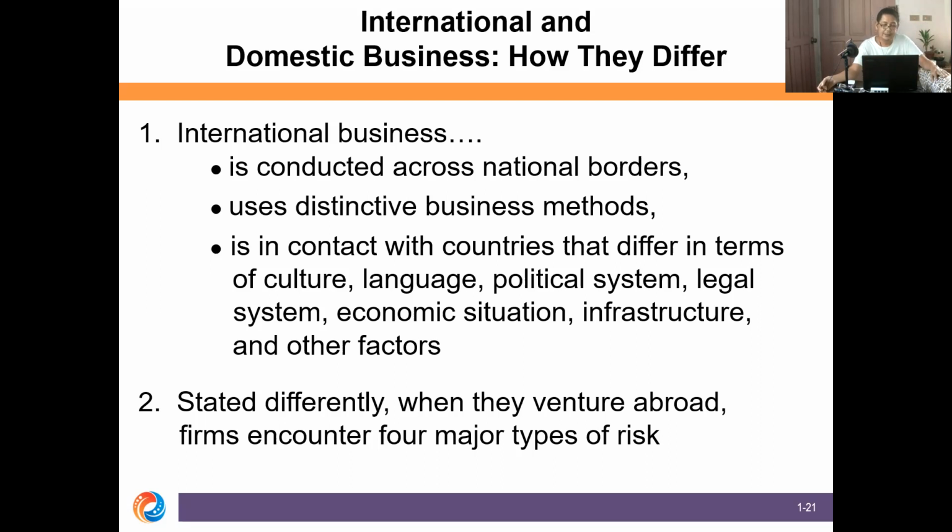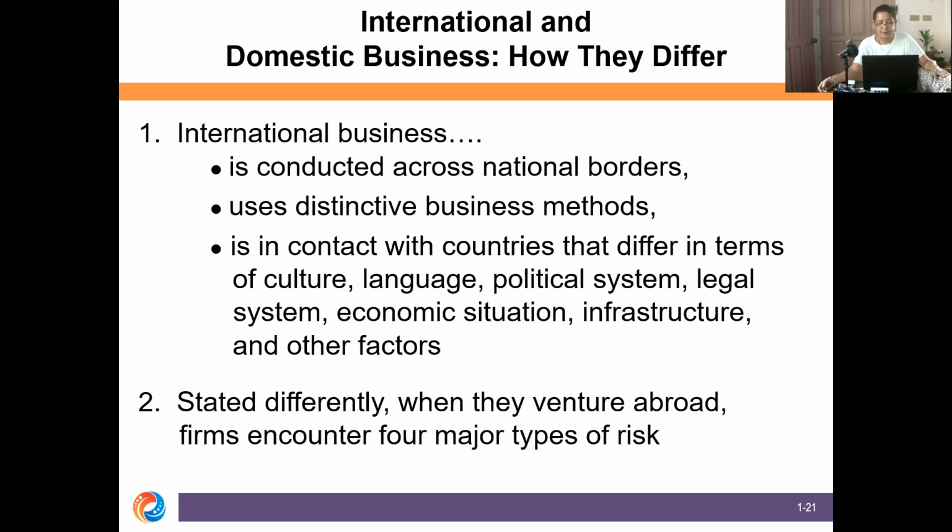It is also in contact with countries that differ in terms of culture, language, political system, legal system, economic situation, infrastructure, and other factors. Madaming i-consider ang isang company na engaged in international business.